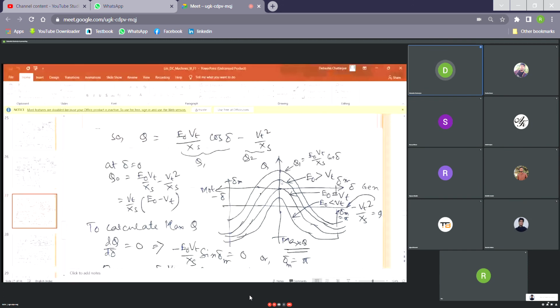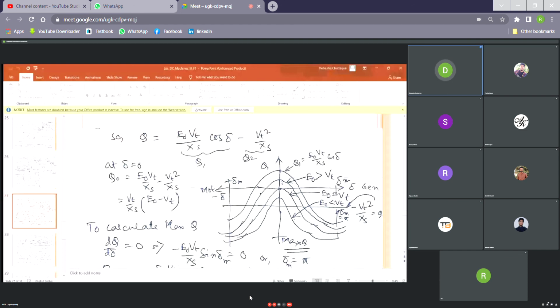Okay. Now to calculate the maximum reactive power requirement, that means you have to put dQ/d delta equal to 0. That means VT by XS cos delta, if you differentiate with minus sign, will be 0. So delta m will be actually pi. 0 actually cannot be taken because at delta equal to 0, if you put, you get power, but actually it is not exactly the minimum one.